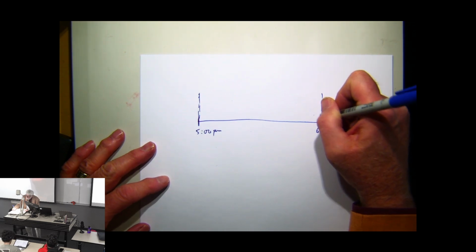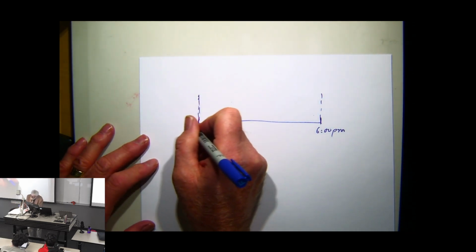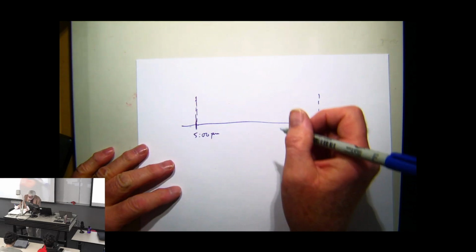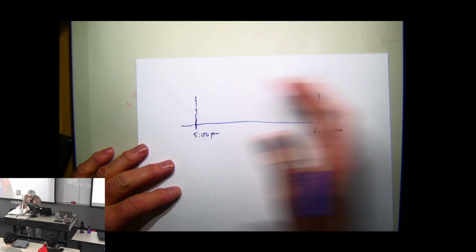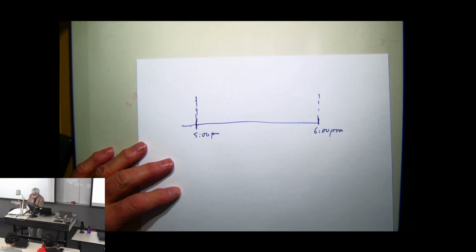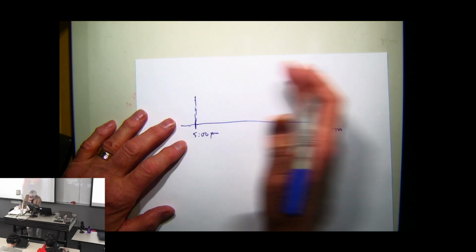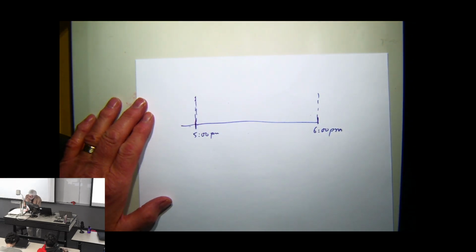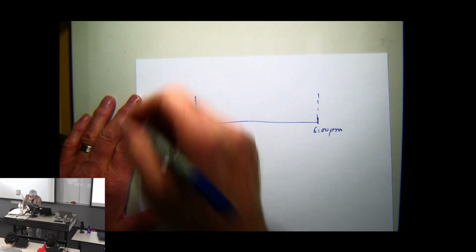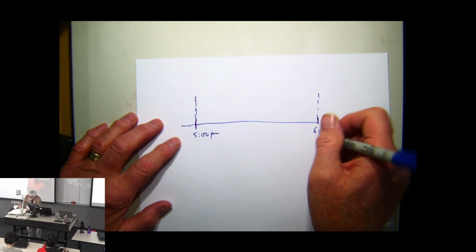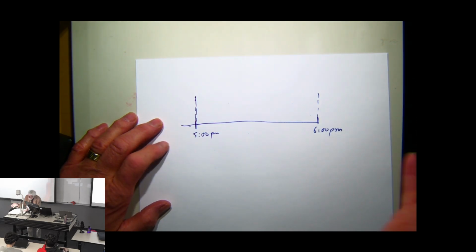Now, what I can consider is that I've got this time, and it's going to ring somewhere in there. It's going to ring somewhere in that time period, and the probability is going to be evenly distributed.